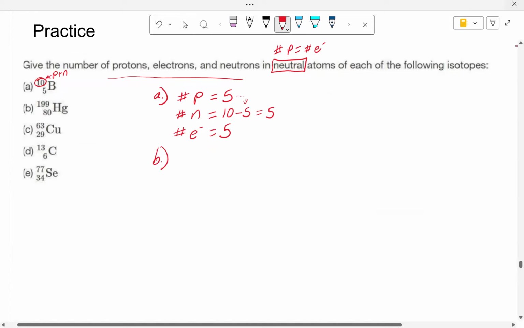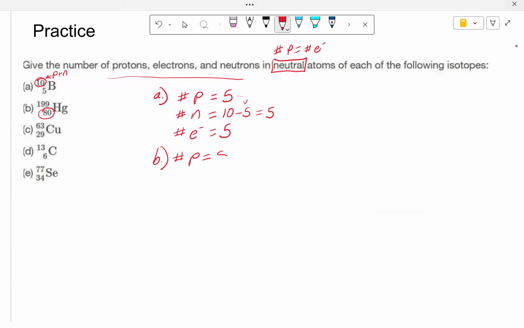All right, let's look at B. Here we have mercury, or the symbol Hg. How do I find the number of protons? I can look at the periodic table, or notice it gives it to me here. Remember, that's the atomic number right there in the lower left-hand corner, a value of 80.